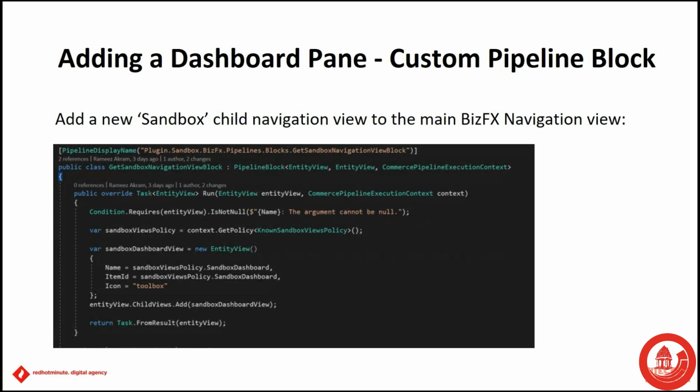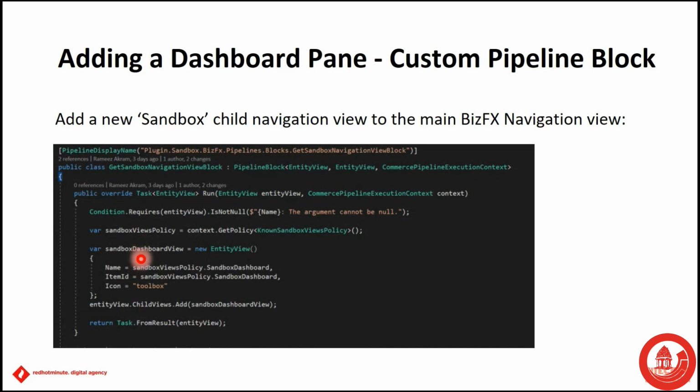So the first thing I'll show you is how to add your own dashboard pane. How you do this is you define a custom pipeline block. In this case, for example, we have a get sandbox navigation view block. In this block, you create an entity view, the stuff we saw before.